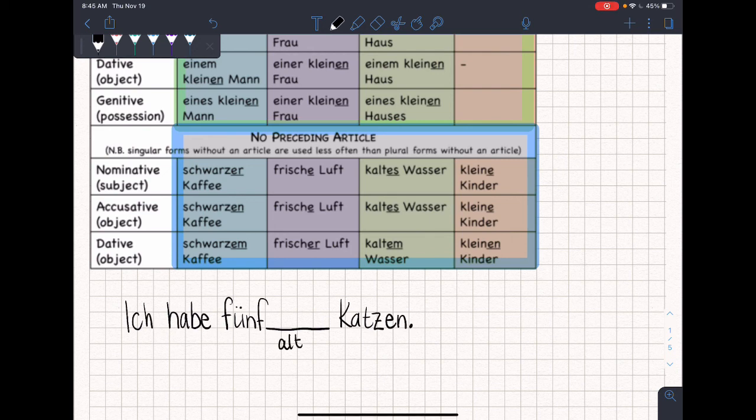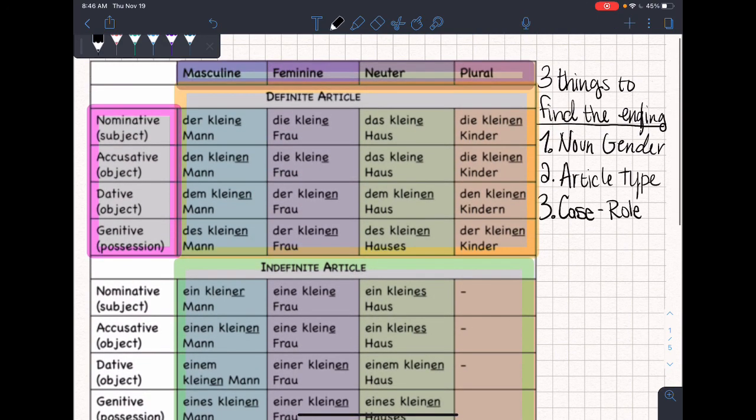So we're trying to say I have 5 old cats. So we need to look at each of those three things. First thing on our list is noun gender. So we find the gender of our noun, Katzen, is plural. So we're going to be looking in the plural category.